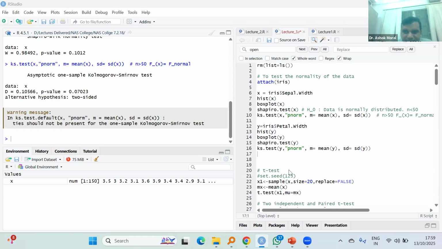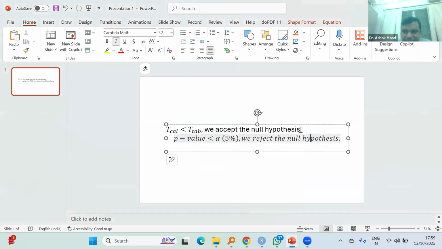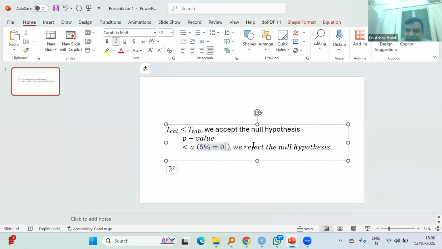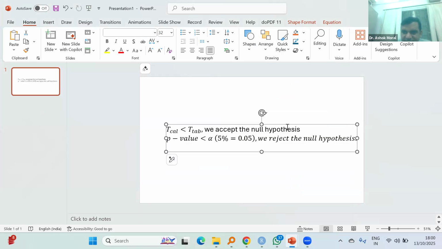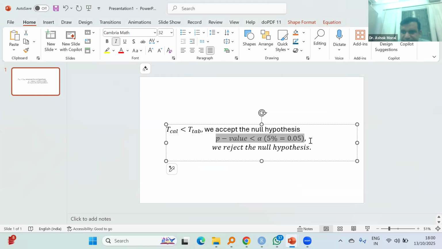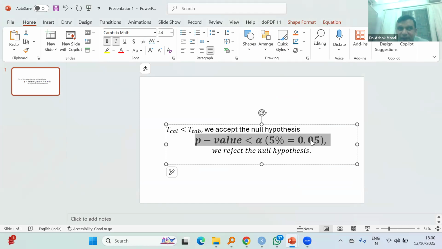We told you that if the p-value is less than alpha, whether you say 5% or 0.05, if the p-value is less than 0.05, we reject the null hypothesis.